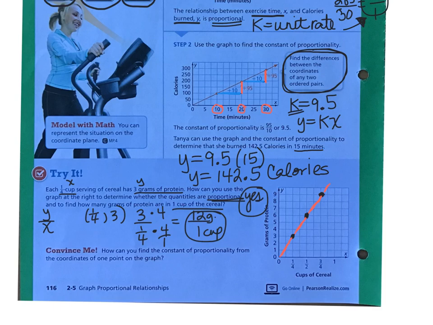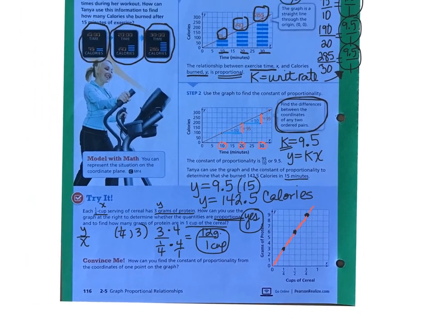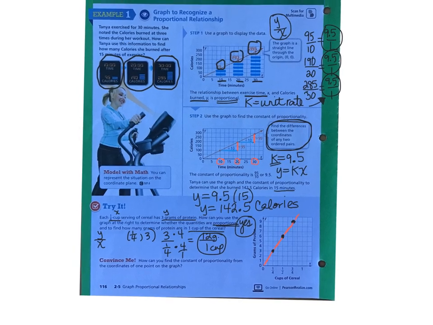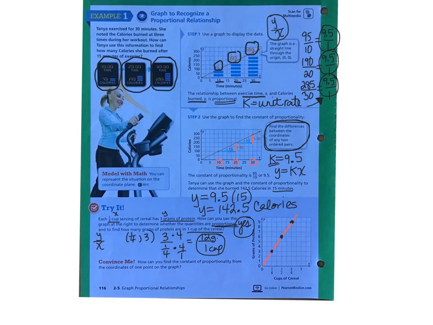Now before we go on to the convince me, I would like for you to go back up here and look at the top of your page. There is one piece of information up here that we didn't highlight and we really need to pay attention to, because this actually is the definition of a proportional relationship on a graph.